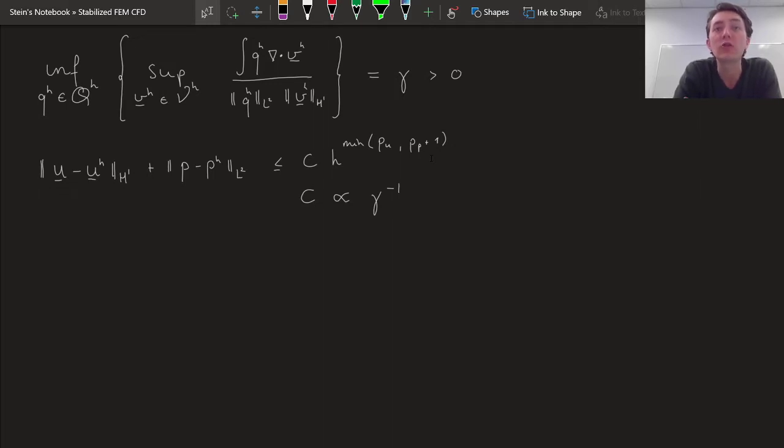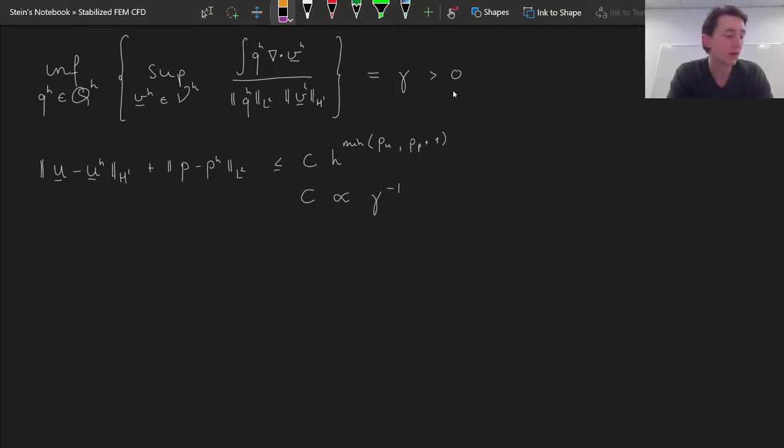Whereas if we have a very small gamma value, so a value that tends towards this 0 here, then we can almost not say anything about our error. It just says that it's going to be smaller than something that is very large. Well, that's not very useful. So the Inf-sup constant has two important functions in our analysis. Firstly, it says something about the existence of the solution, and then secondly, it deals also with the convergence of our finite element scheme.